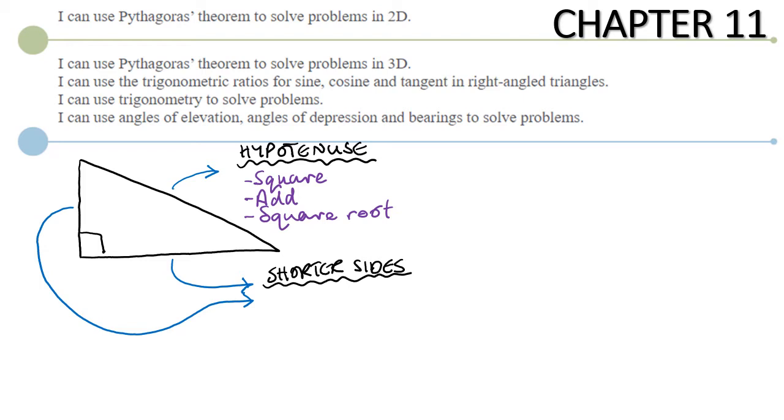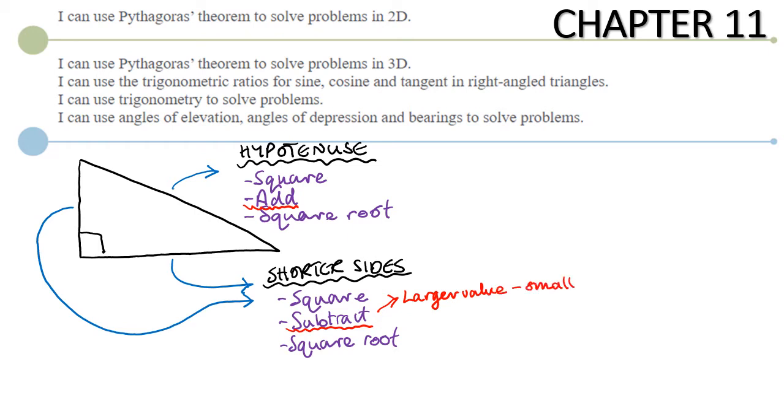If you're finding the length of one of the shorter sides, you still start by squaring, but instead of adding, you subtract, and then we square root. So the only difference is the middle step. In finding the hypotenuse, you add. In finding one of the shorter sides, you subtract. And obviously when you subtract, you want to do the larger value minus the smaller value.